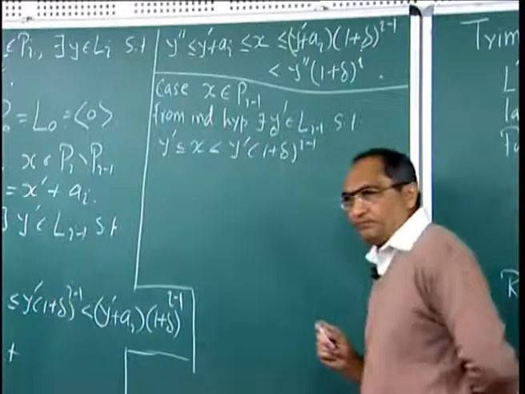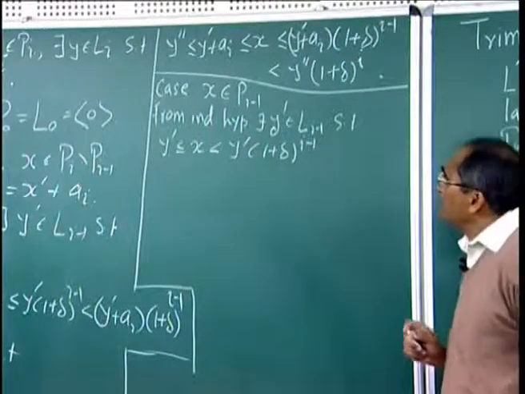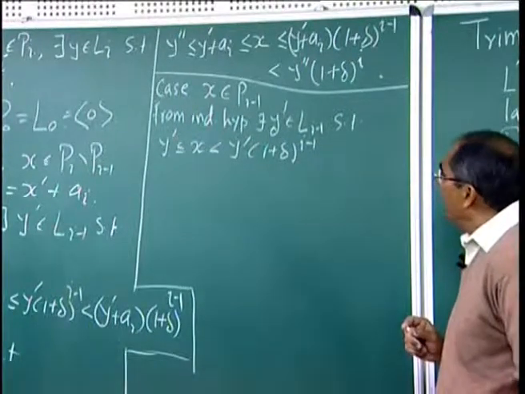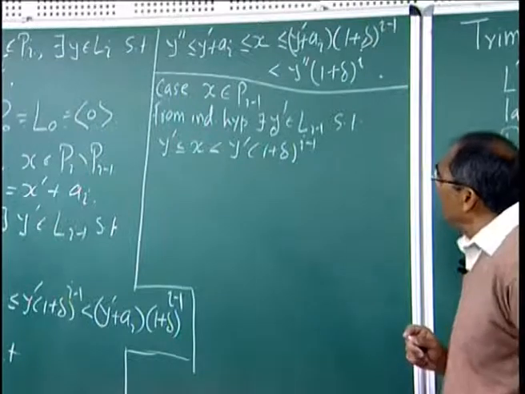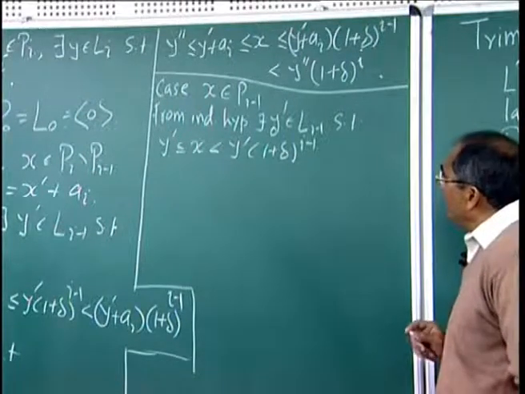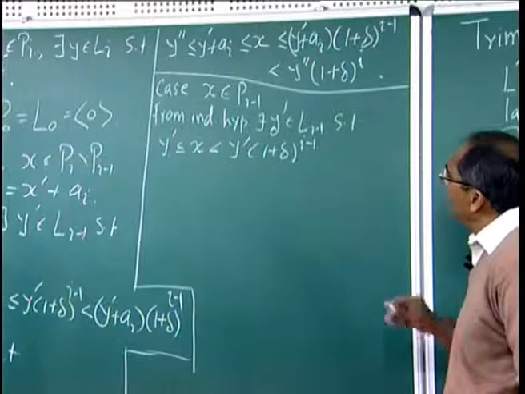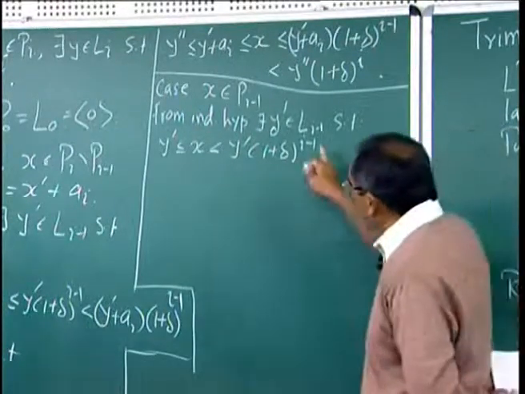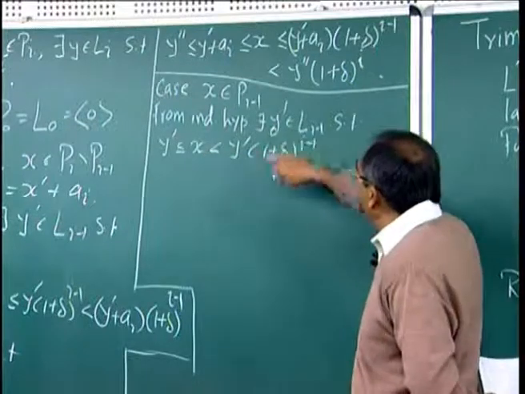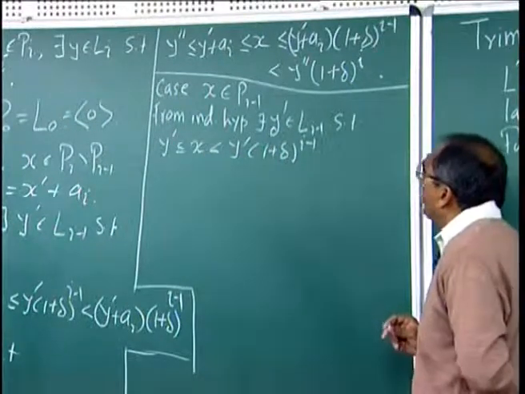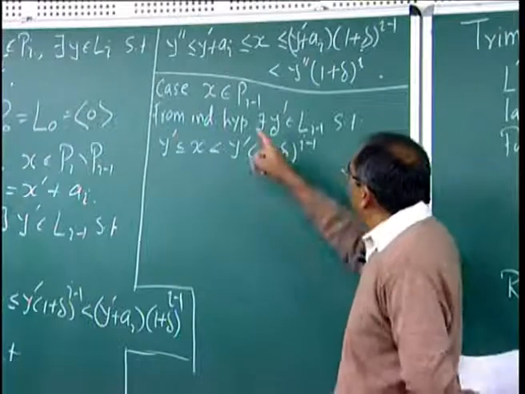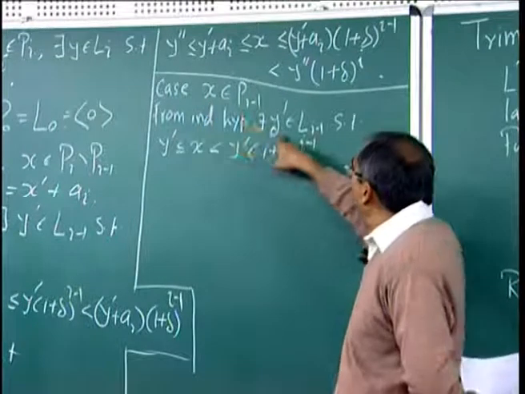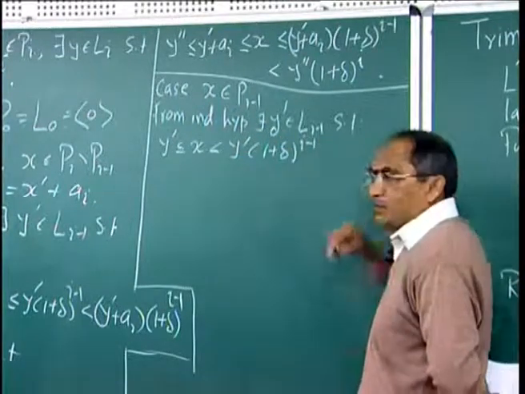This we get from the given fact, which holds for the i minus 1th list. Now, what do we do from y prime? Now, note that y prime was in Li minus 1.